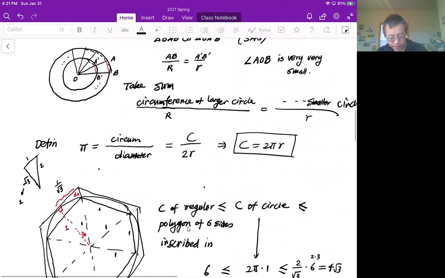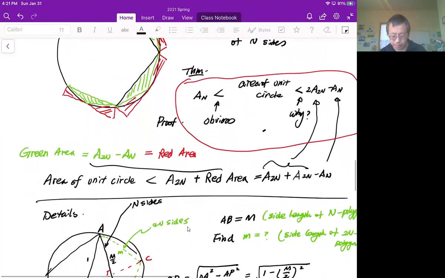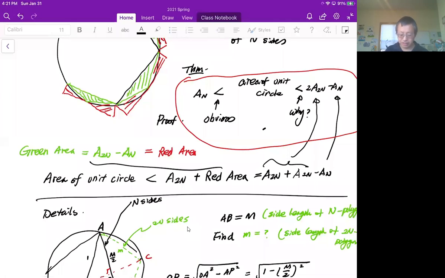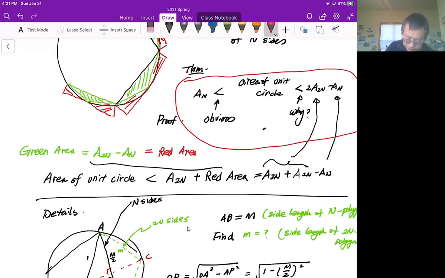Therefore the area of the unit circle is smaller than this. Let's see why.